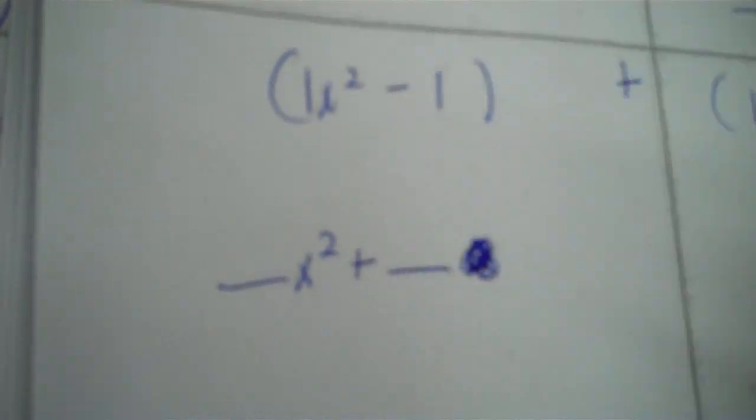Now, plus you don't distribute, okay? You have x second and a constant, x second and a constant. So it's just x seconds being combined and constants, not x's. There are no x's. X second to constant. So that's second. 1 plus 1 is going to be 2, and then negative 1 plus negative 1 is negative 2. So put that on top.